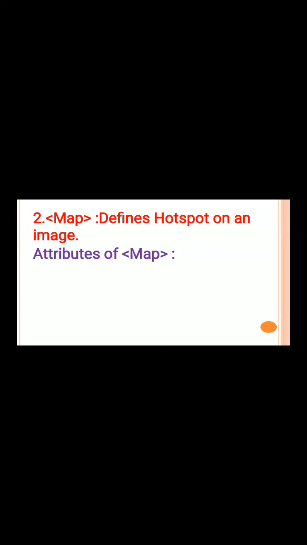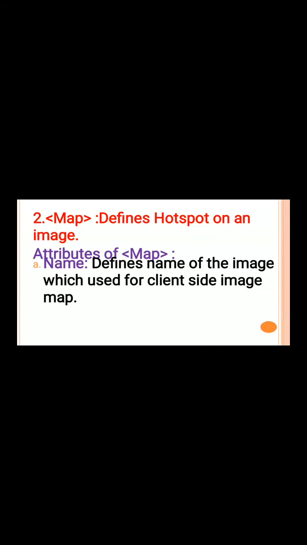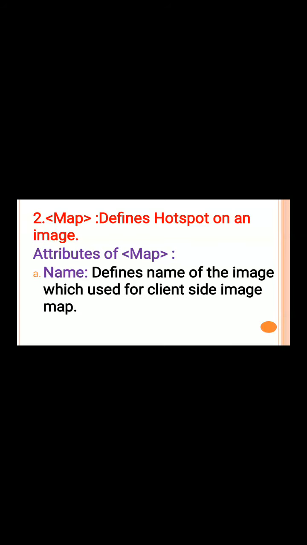Another tag which we use is the map tag, which defines hotspots on an image. There is only one attribute for map tag, which is the name attribute, which defines the name of the image map used for client-side image map.